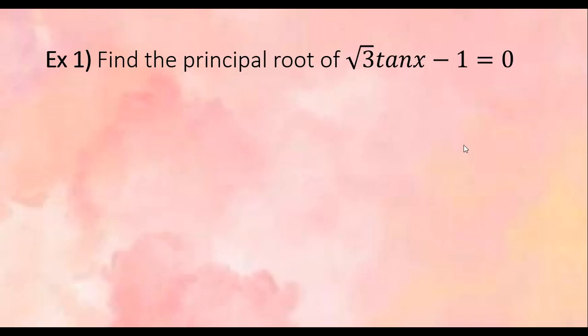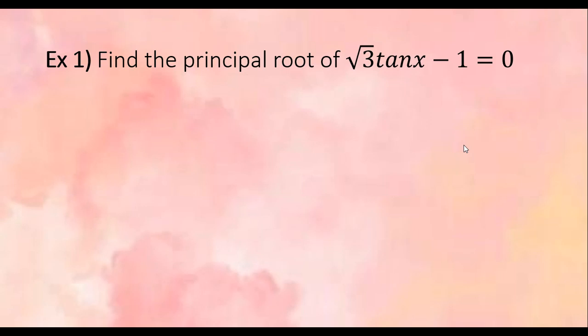All right, so our very first basic example says to find the principal root of radical 3 tangent x minus 1 is equal to 0. The principal root just means that it is the root associated with our reference angle.